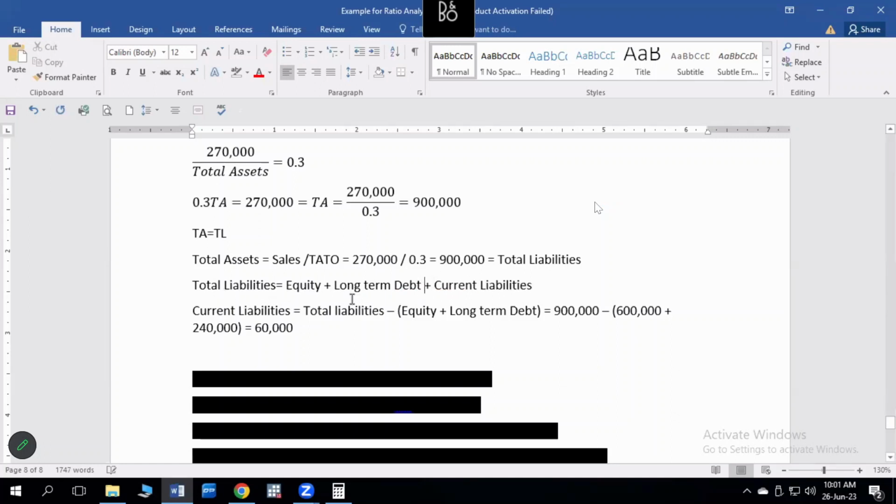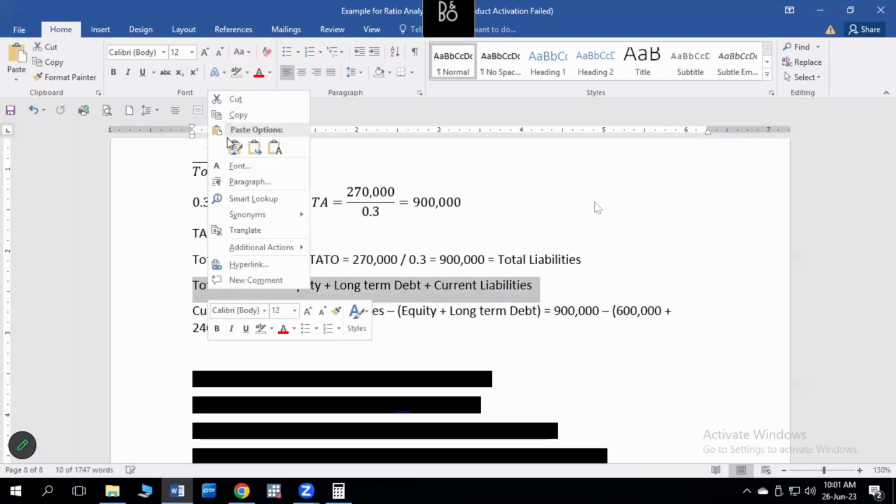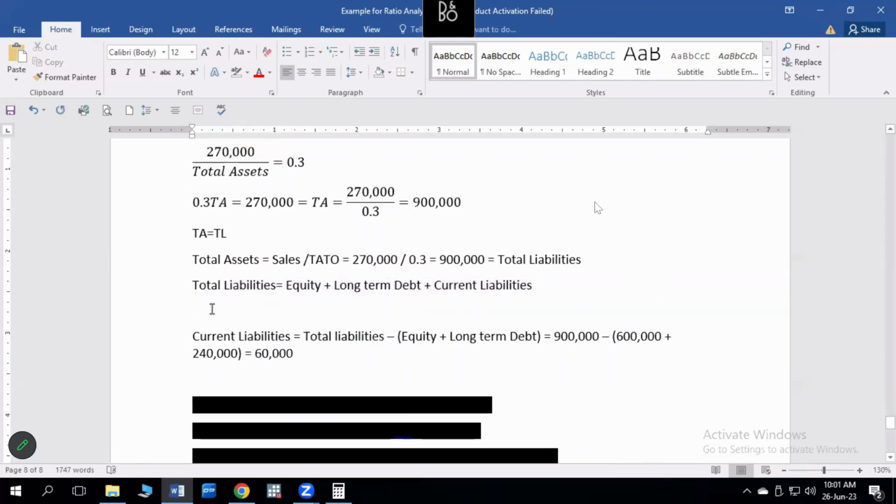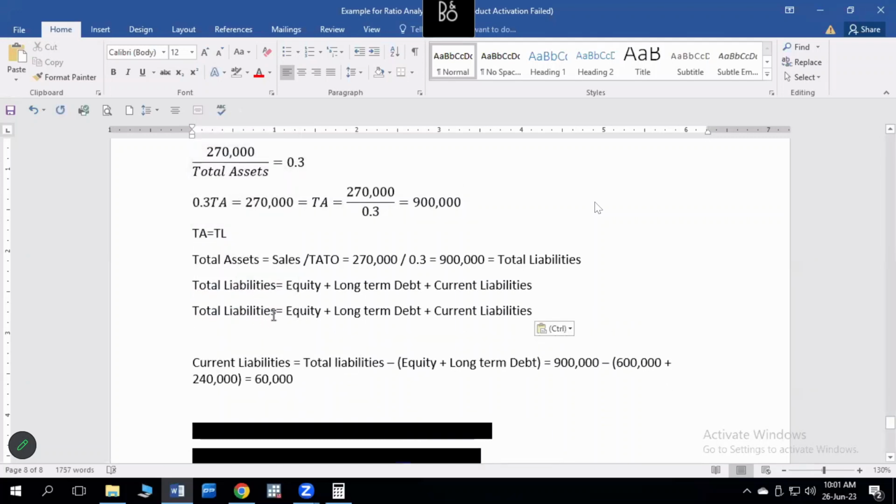So total liabilities is equity plus long term debt and the current liabilities. So if you take that, you can substitute. Total liabilities you know, that is 9 lakhs.